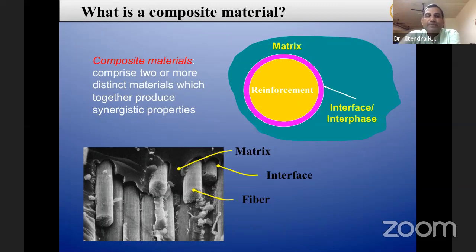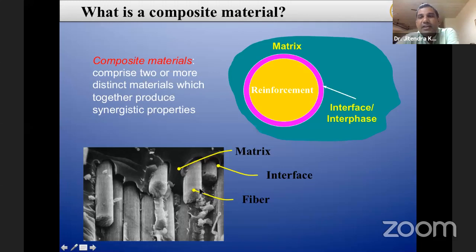So when you talk about the composite material, from this same image you can easily identify what the matrix is. This is the matrix, either epoxy or some other means, cement, whatever you want. And then this is a fiber.